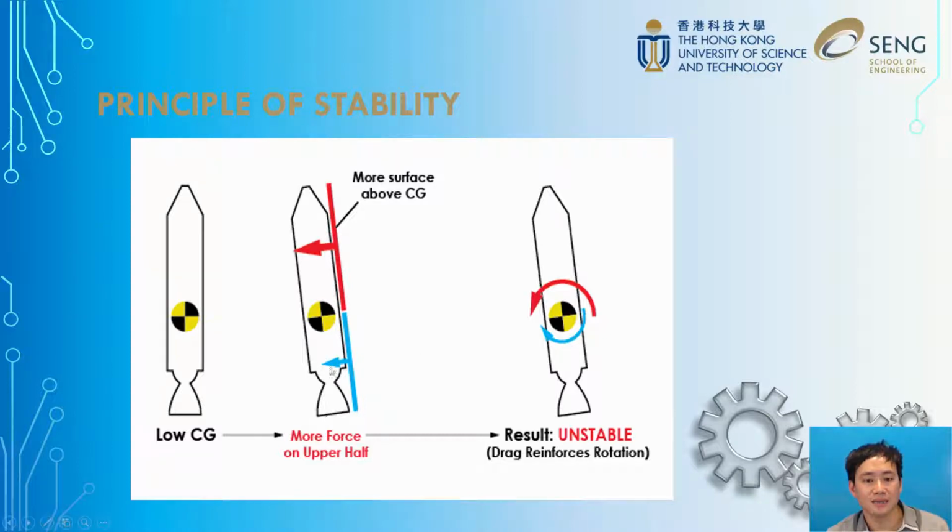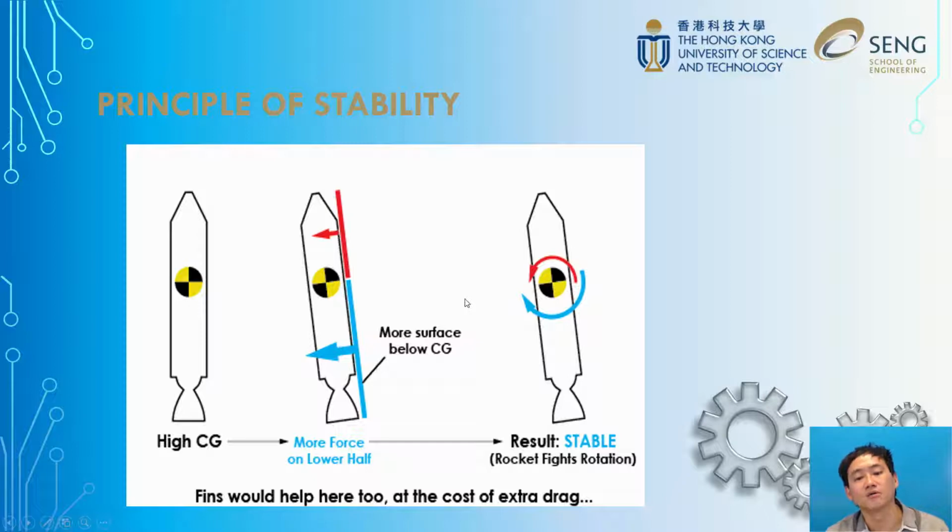If we put in a stabilizing fin towards the end of the rocket, then the projected area will be a lot larger, and the air particles will hit on a larger area towards the end, which increases the magnitude of this restoring force. And if the fin is large enough, then this restoring moment will be larger than the overturning moment. And this is a second way to achieve a stable condition in the rocket situation.